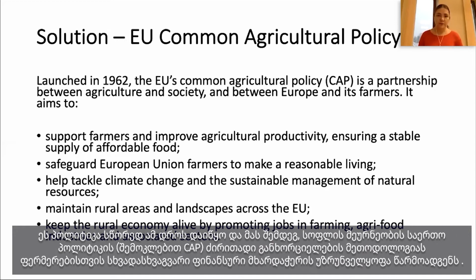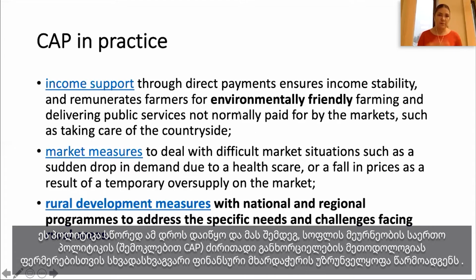So that's where it was kicked off, and since then, of course, the main implementation methodology for this Common Agricultural Policy, called CAP in short, is to provide different financial support for the farmers.